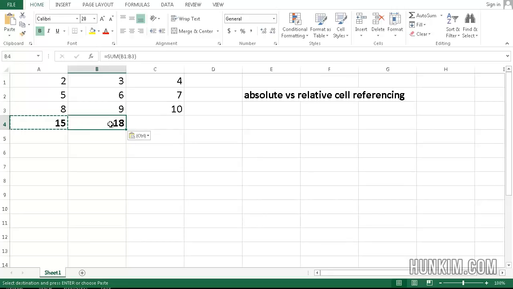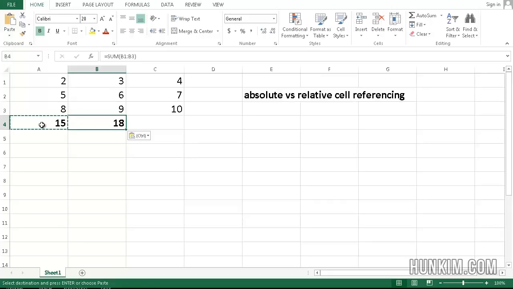Interesting. What you can do is investigate, go back and look at the formula. The formula here says equals sum B1 colon B3. B1 is here, B3 is here, colon means add up all the numbers in between, including the endpoints. 3 plus 6 is 9. 9 plus 9 is 18. Okay, now this makes sense. I see.